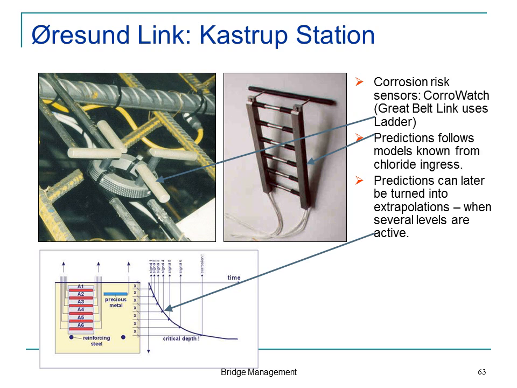We have two designs here. These are just simple reinforcement bars, and then we have a reference electrode, so we can measure the potential between the reference electrode and the steel. And we've installed that in I don't know how many places on Kastrup Station. I know there are 200 of them installed in the tunnel.